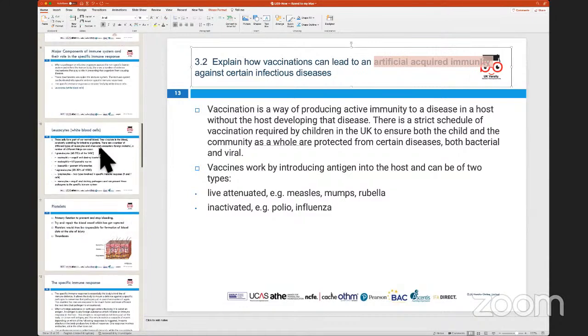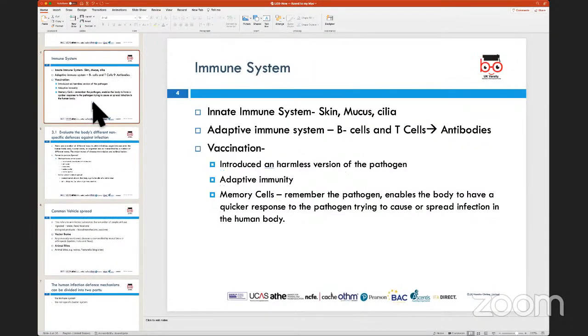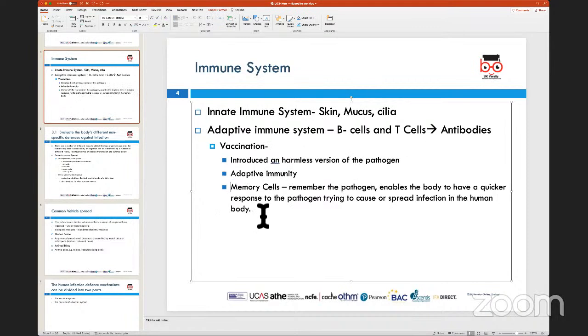Now, this is something just to quickly refresh. When we talk about the immune system, vaccination is a route through which the body can acquire adaptive immunity.